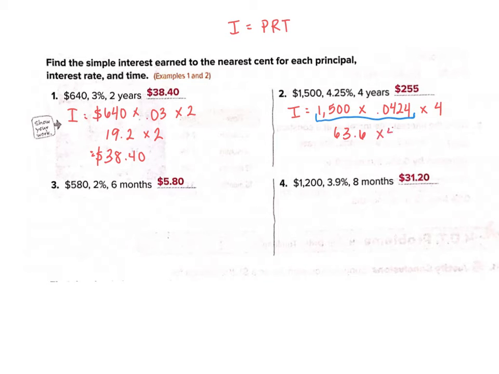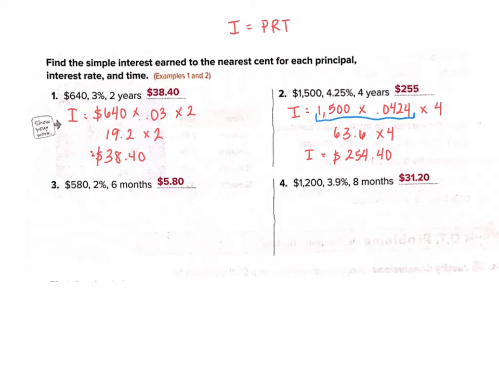Then I multiply all of that times 4, and the answer would be $255, which is the answer given in the key.